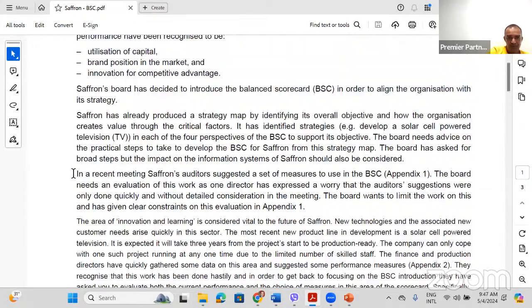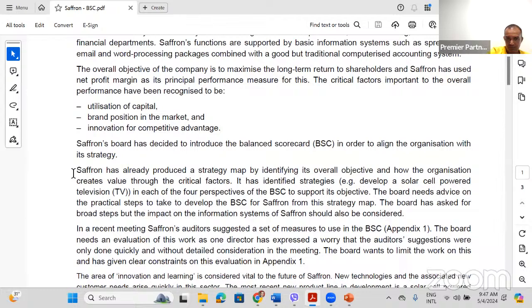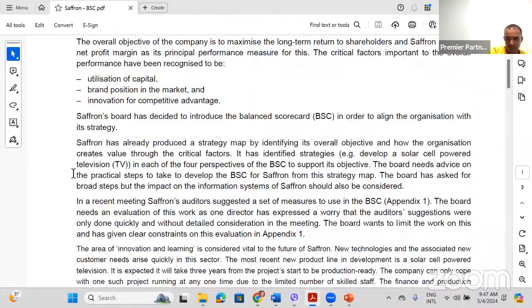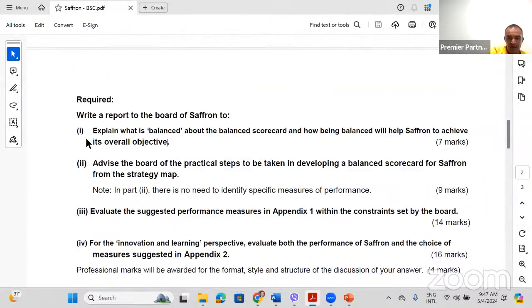Right. Here, it's a very direct question. Explain what is balanced about the balance scorecard. Can you tell me what they're asking?